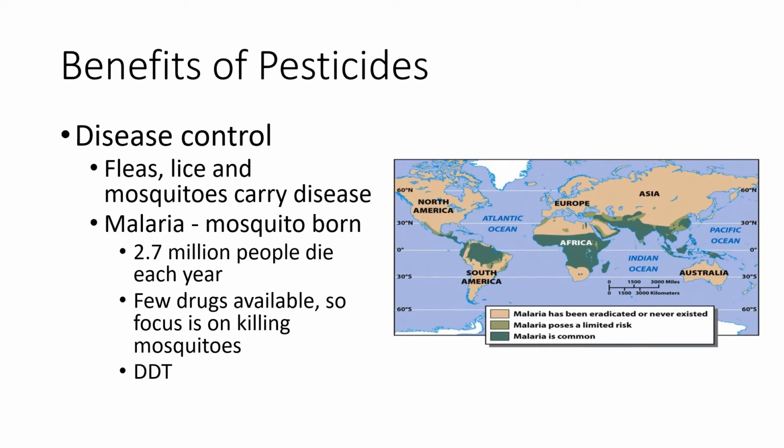Obviously, pesticides have benefits. There is disease control. So looking at mosquito-borne disease like Zika, Triple E, right? All of these newer ones, I'd say they're like emergent diseases, but also the old ones like yellow fever, right? So those are not good. So we want to kill the mosquitoes.